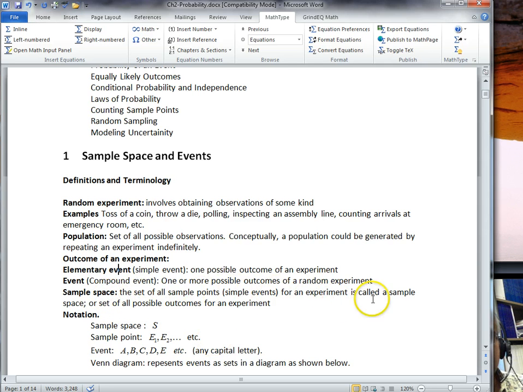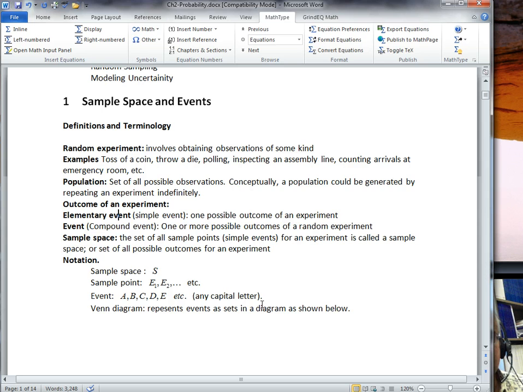The set of all outcomes of an experiment is called the sample space, or all possible outcomes. Notationally, we're going to use capital S for a sample space, E1, E2, E3, E4 for elementary events or sample points, and other letters A, B, C, D, and so on for any random events.